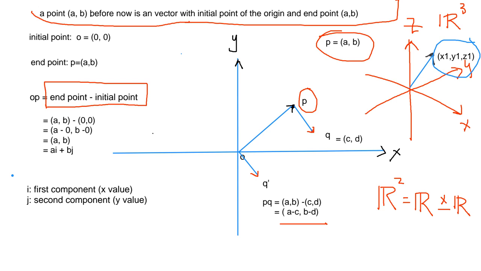Okay, so now let's see. I have vector P. Let me use A1, B1, C1.